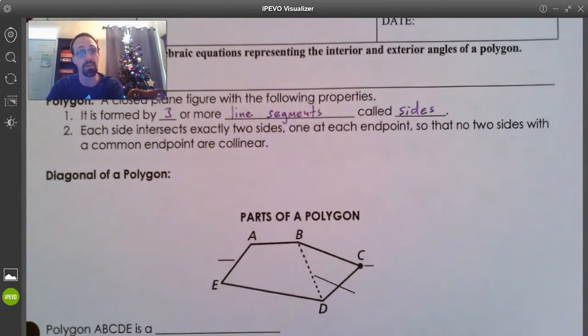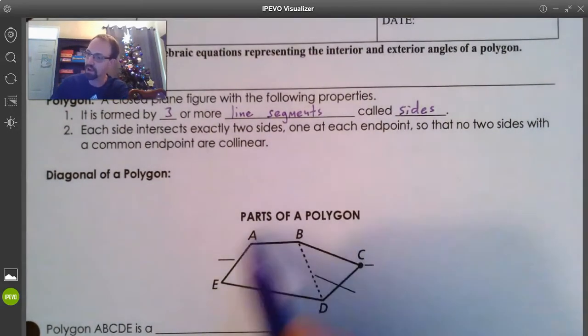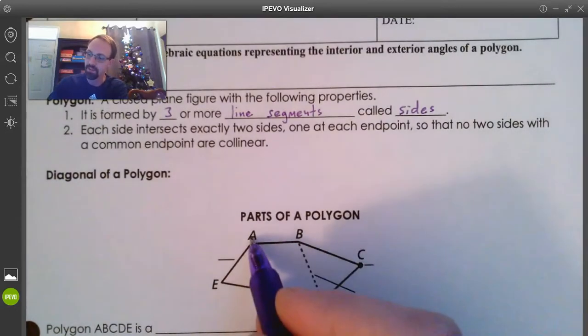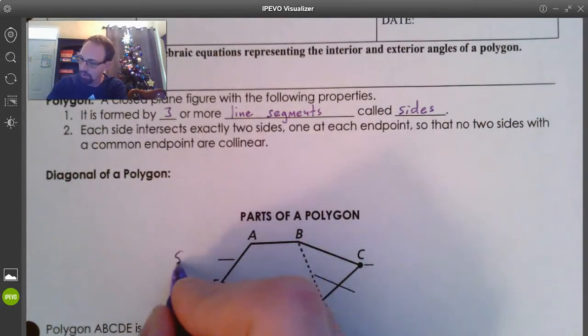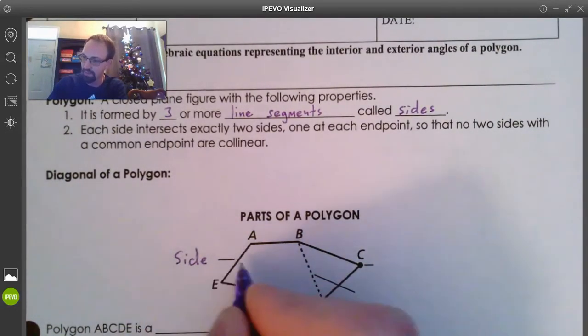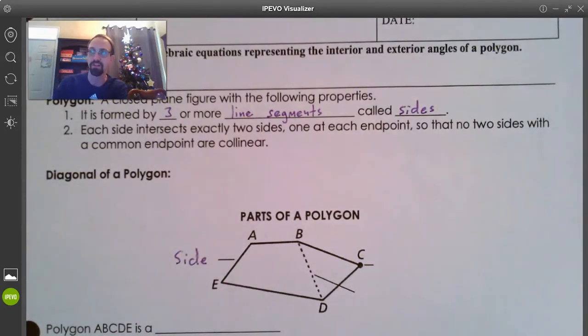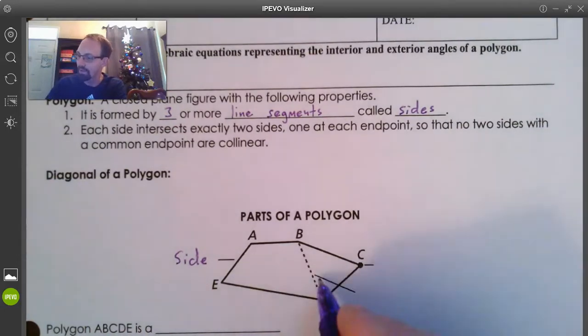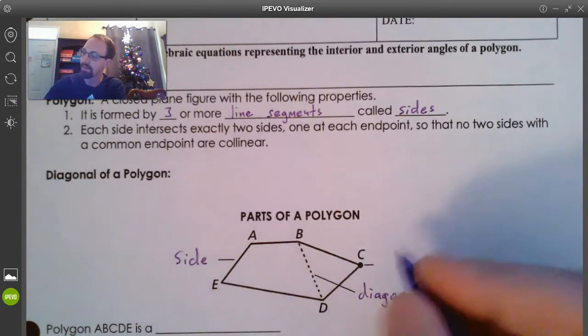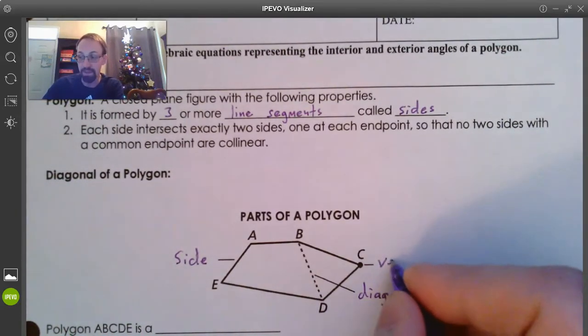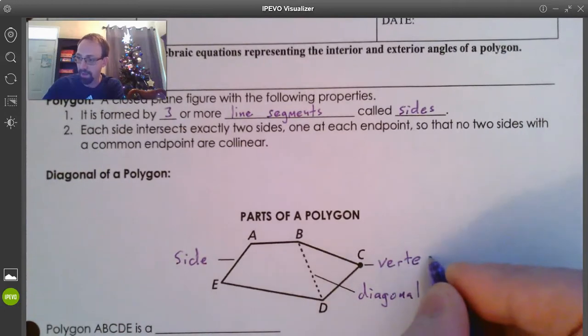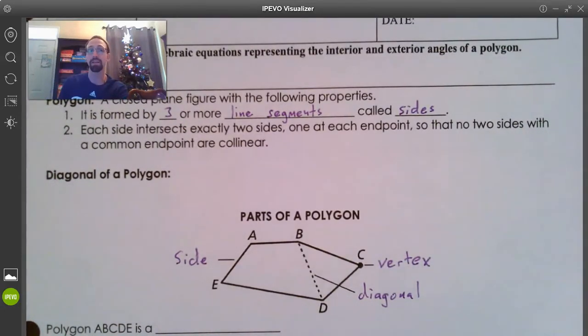There are different parts of a polygon. So let's talk about the different parts here. Segment AE is called a side. This little dash there is pointing towards that side. And then we have a diagonal. B to D here is called a diagonal. And then C is a point, but in this particular polygon, we call it a vertex because it's a vertex between 2 line segments.